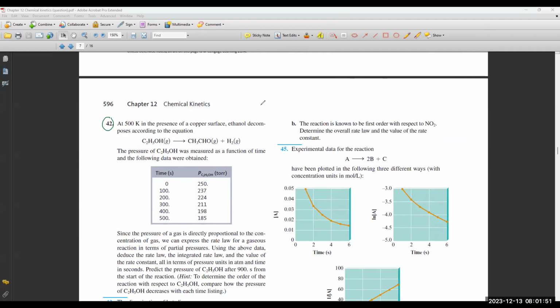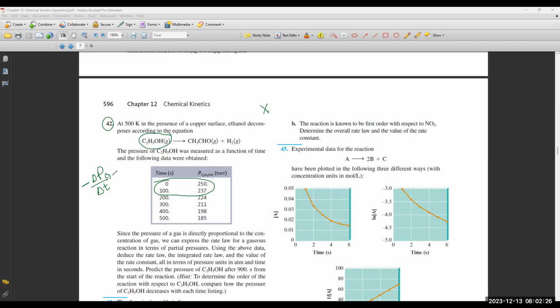Don't read the question, because the question is something else and I'm just showing you how to calculate the average rate of the reaction. Let's say I ask you to calculate the average rate of the reaction between these two values. Then the average rate of disappearance of this is minus delta P over delta T, because this time we are working with pressures. Pressures are also a form of concentration. What is that?